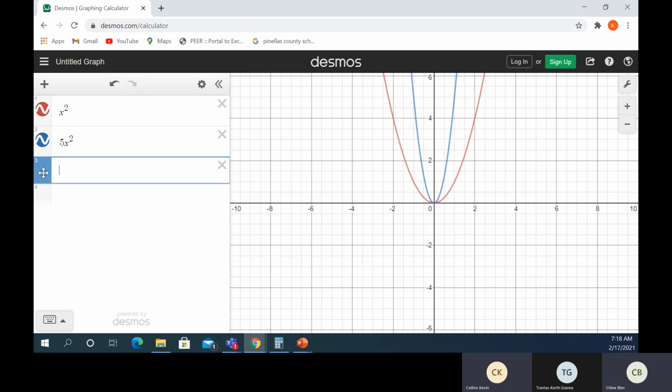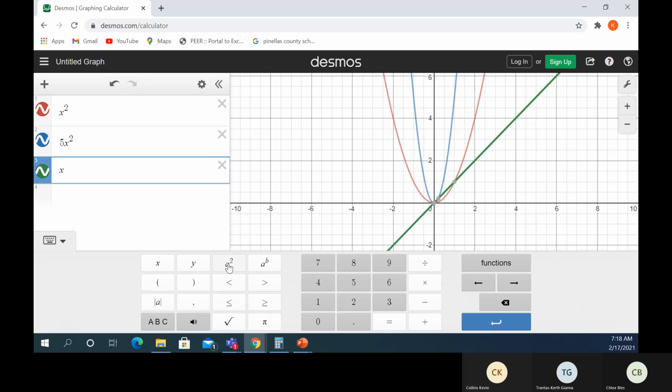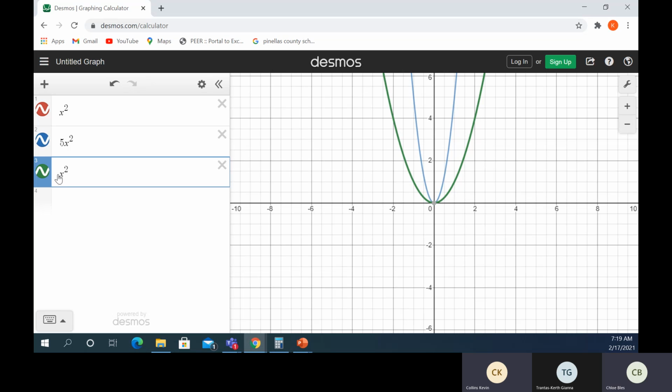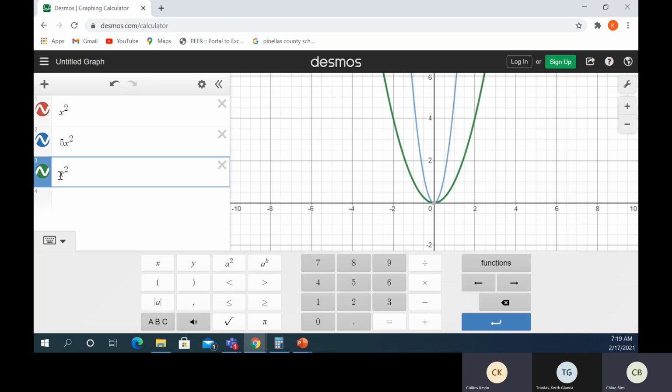Then we also discovered that if we put some sort of decimal number in front of it, it's a little bit flatter or wider. So let's take a look at one of those. If we put a number in front, like maybe 0.1, what that means is it's not going up nearly as fast.